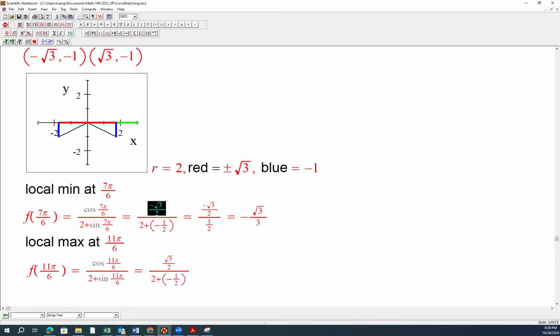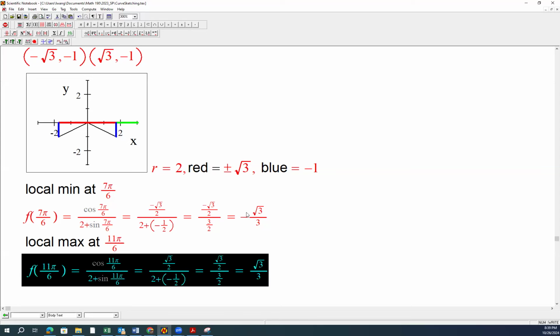The other one was negative because it was the terminal in the 3rd quadrant, and this one is in the 4th quadrant. The red is positive. In the 3rd quadrant, the red is negative. But anyway, we got almost the same, except we don't have the negative. So we got √3 over 3. This is a local max. This is a local min.